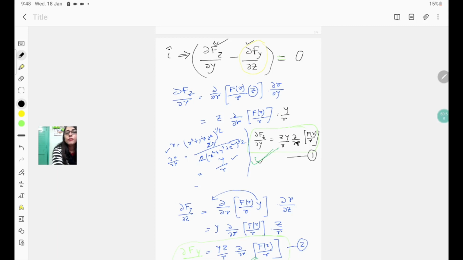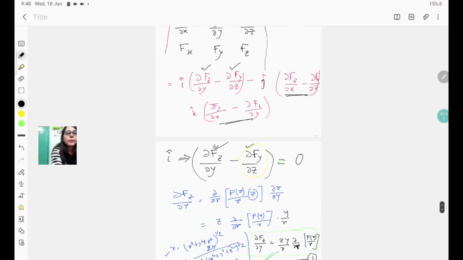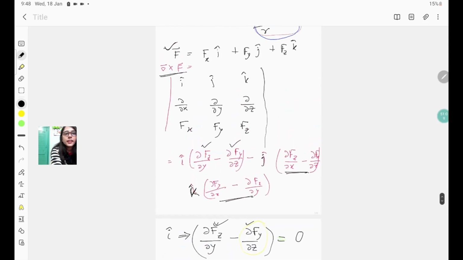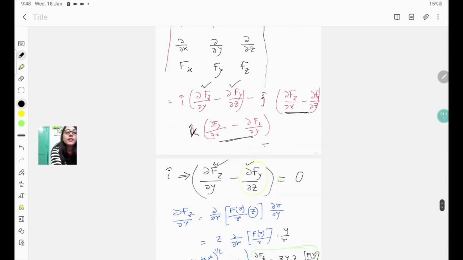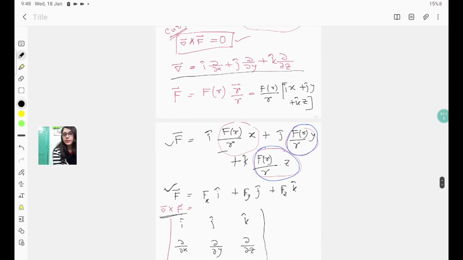In the same way, you can calculate that the coefficient of j cap and the coefficient of k cap also become 0. That means this del cross f becomes 0, and if the curl of any vector becomes 0, then that vector becomes a conservative vector. The curl of any vector, if it is 0, is also called an irrotational vector.